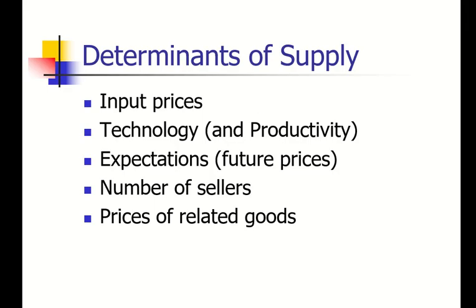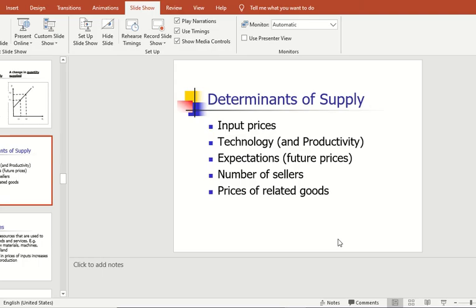The list can go much longer than what we have here, but in this course, we will focus on these 5 broad categories of determinants of supply. These are some of the factors that can affect supply: input prices, technology, specifically technology that affects productivity, expectations of future prices, the number of sellers, and prices of related goods.